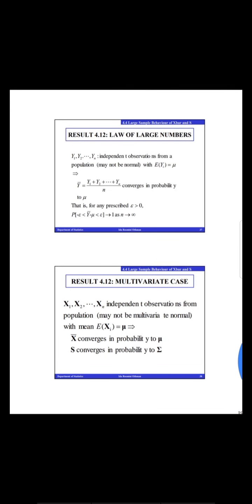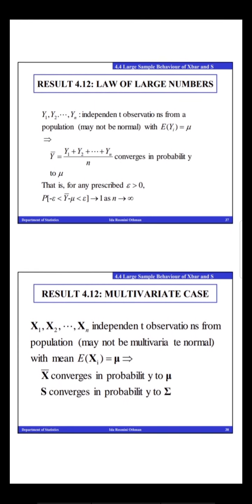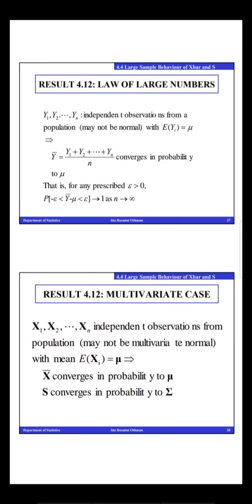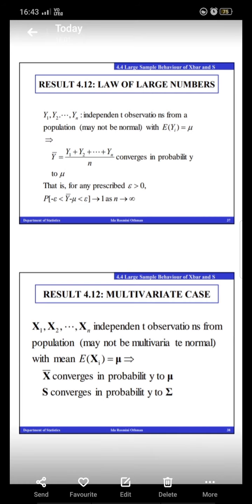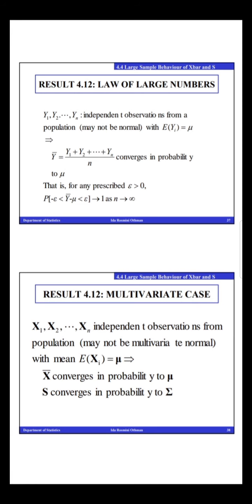Okay, so sama juga when we deal with the multivariate cases. So here benda sama macam tadi juga. When Y adalah independent observation from a population, may not be normal, but Y bar can be normal distribution when n approaches infinity.